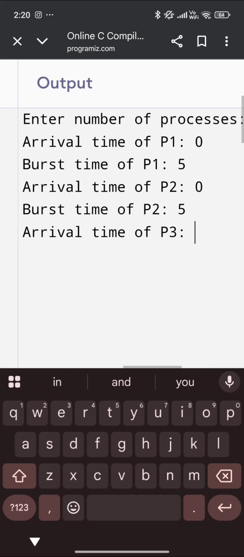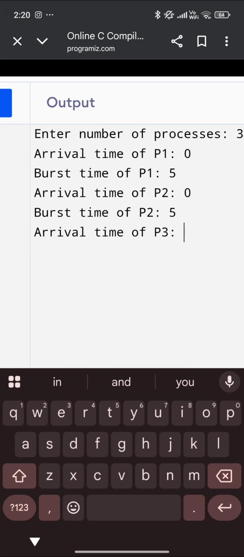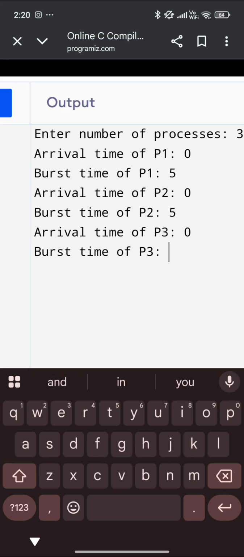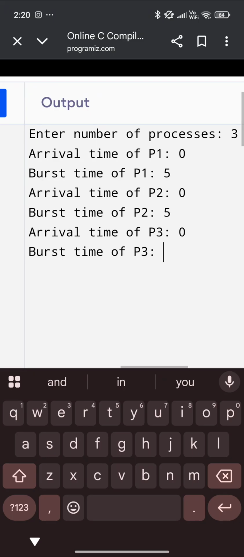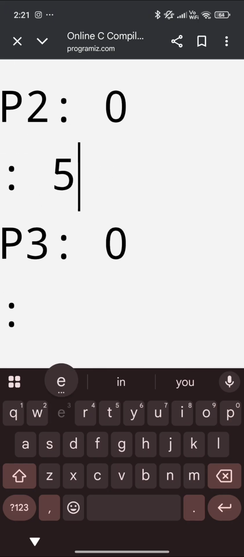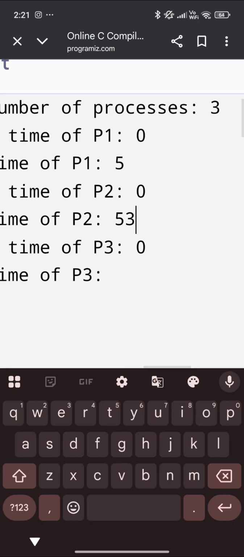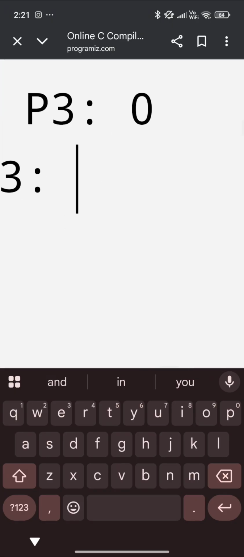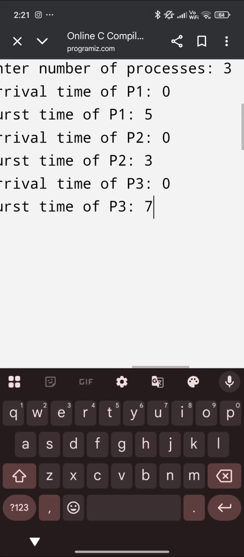And then the arrival time of P3 is 0. And the burst time of P3, let us give 7.